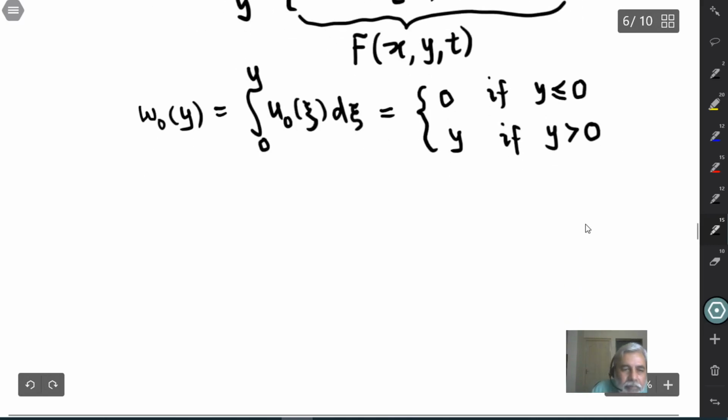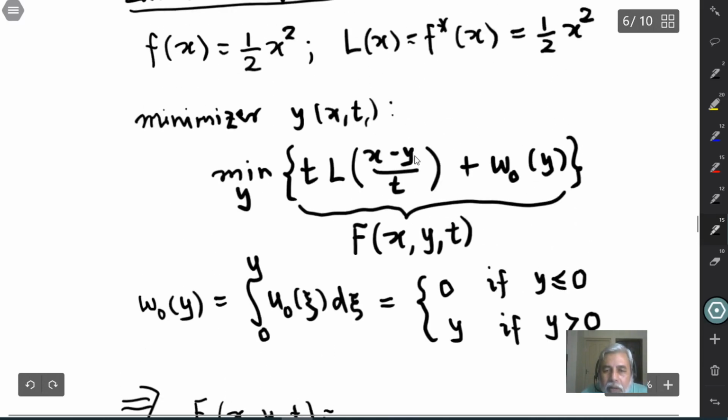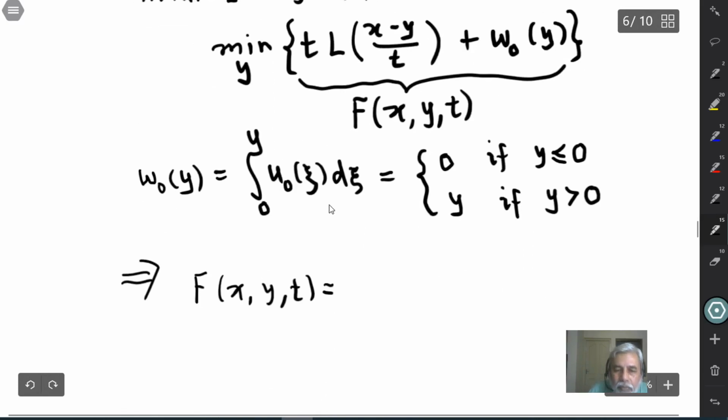So that implies f of x y t is t into L of x minus y by t, but L of x is again half x square, so that will be x minus y square by half t square, and t cancels there, so you just have the first part, x minus y square by 2t, plus w0.